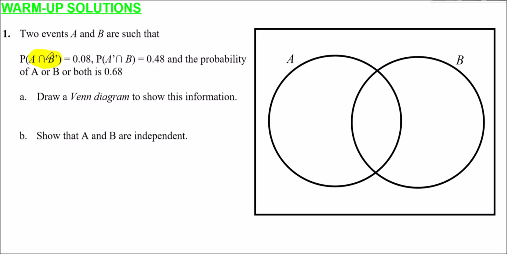So this here means all of A which overlaps with what is not B. Normally that would be all of A, but we only want it with the stuff that isn't including B, and so we don't want anything to do with B, and so what we want is all of A apart from that which is anything to do with B. And so it's just this region of the diagram here, just this portion of the circle or ellipse that represents A. So in this, we can fill in 0.08.